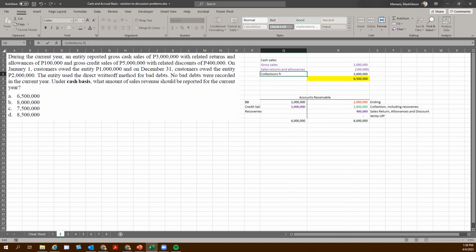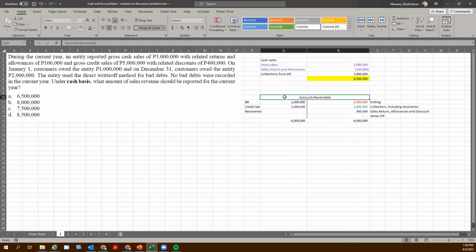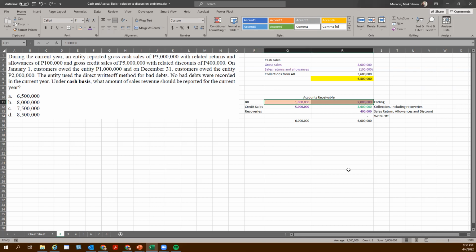Collections from AR. So, let's now make a T-account for our AR. So, we have accounts receivable. Beginning balance, that's 1 million. We have also the ending balance of 2 million. So, notice, class, we are just plugging in the balances first. Next step is to plot the transactions affecting our accounts receivable. First, we have gross credit sales of 5 million pesos.